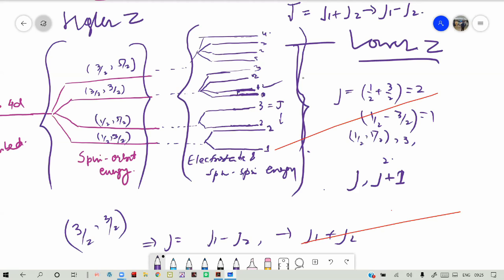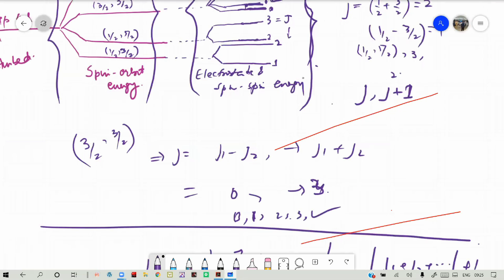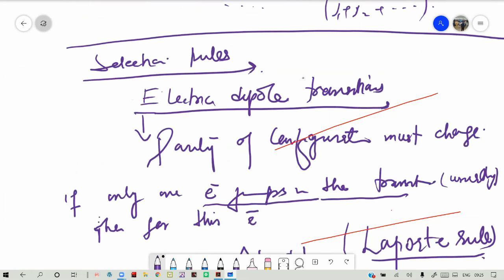The energy spacing between these two lines with quantum numbers j and j plus 1 is proportional to the higher one, j plus 1. Let us prove this.